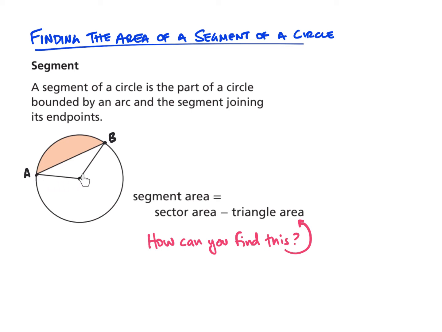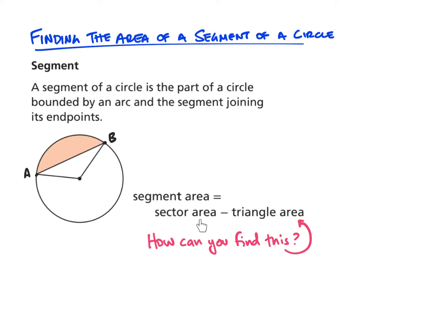We find this entire sector's area using the formula for sector area, and then we're going to subtract the area of this triangle that's a part of this sector, but not a part of this segment. That sounds a little bit confusing, but we're going to take this bigger shape's area, which is a sector, and just take out this triangle right here that's not included in the segment portion.